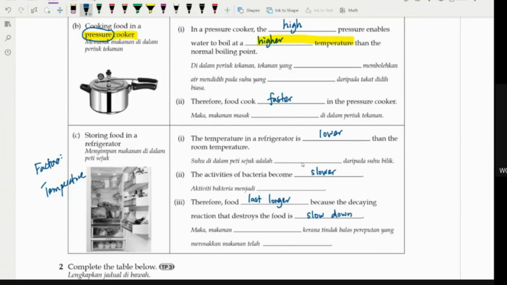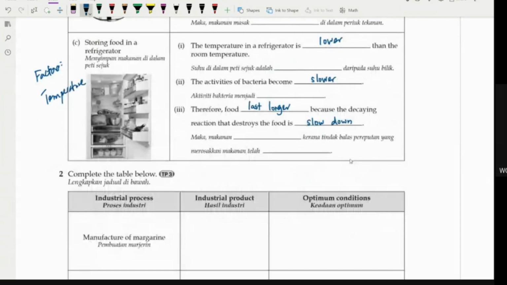So because of the temperature. Sometimes, if the temperature is lower, the bacteria become less active, so less toxin is produced by bacteria. You can also mention that, also accepted.